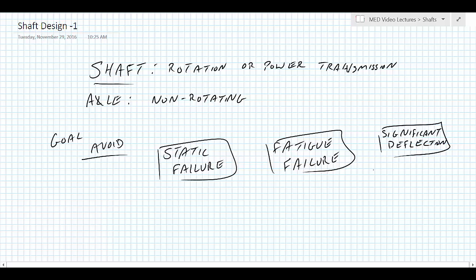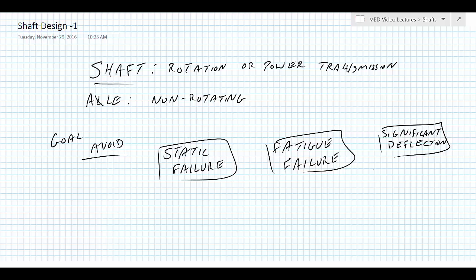The ways that we are concerned about the shaft are that the shaft itself won't break, it won't yield and be plastically deformed, it won't grow cracks over time, which is the fatigue or dynamic failure, as well as it won't warp so much, even within the elastic region, that it's not useful to us.